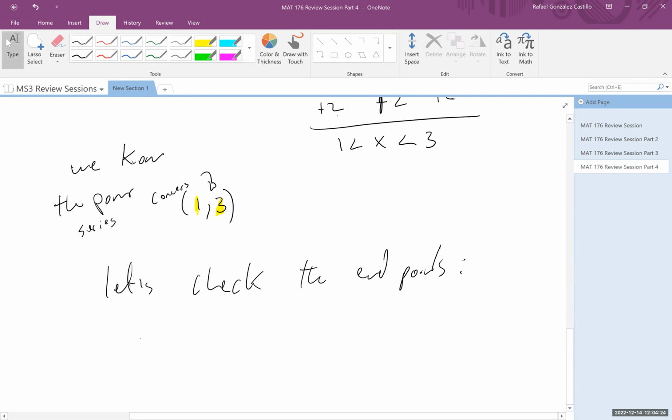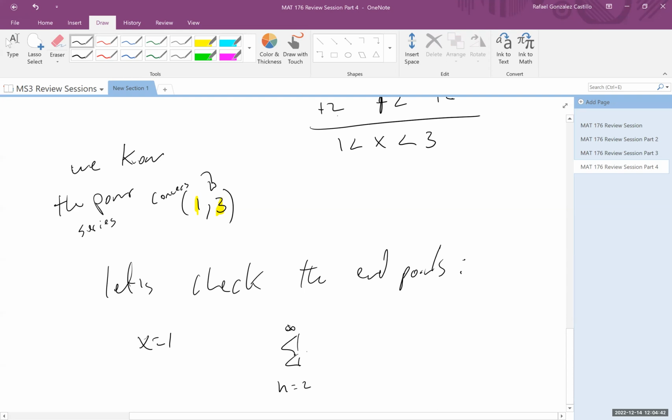For x equals 1, we have the series n equals, what is it, 1? Oh, actually it was n equals 2, that's fine. n equals 2 to infinity. I kept writing 1. The problem is n equals 2 to infinity.